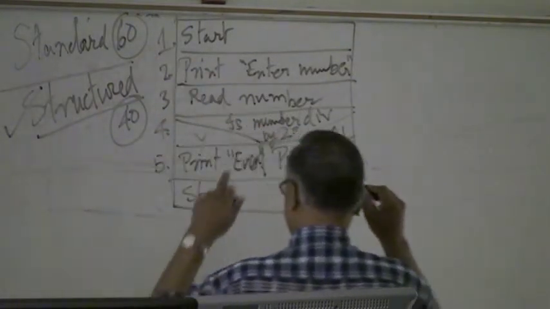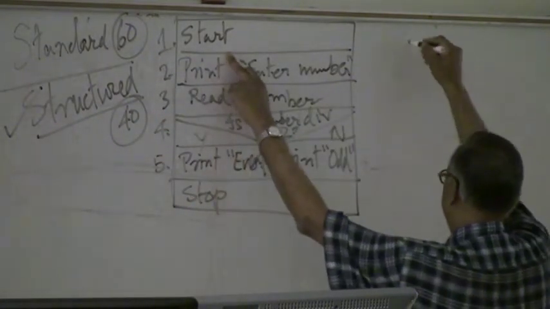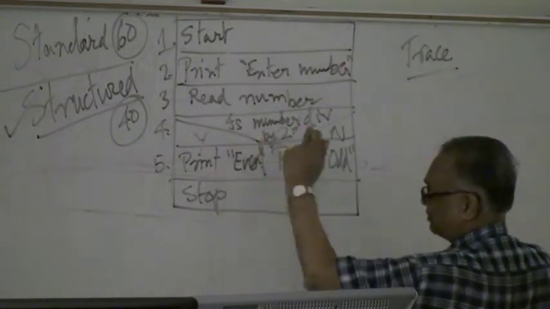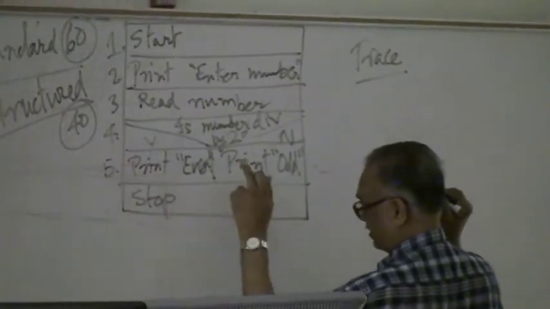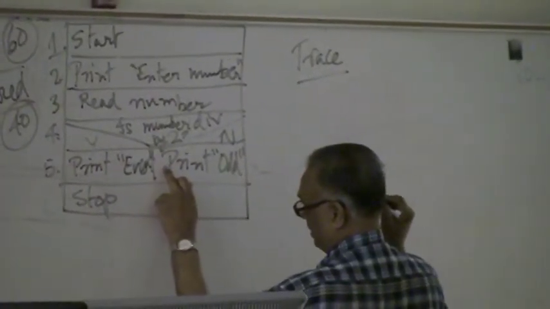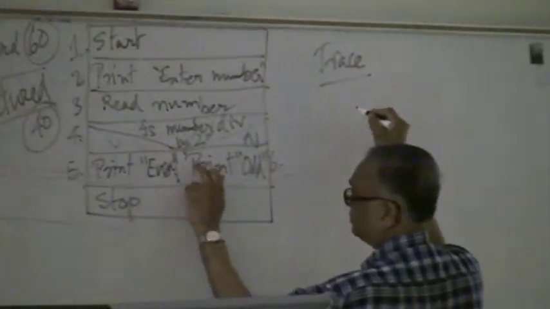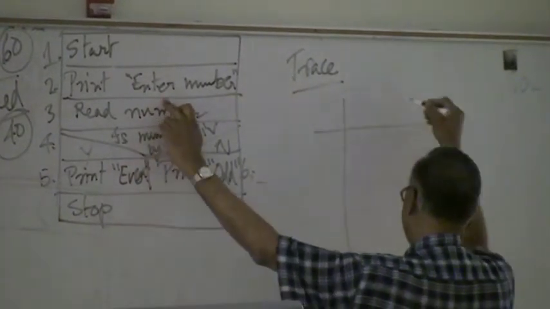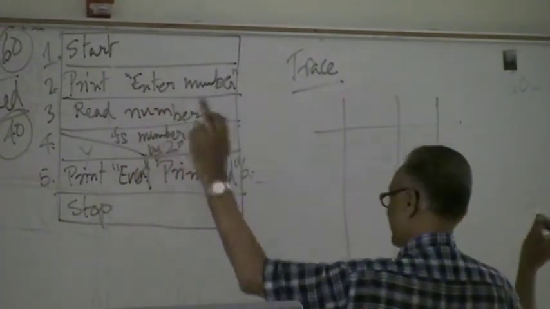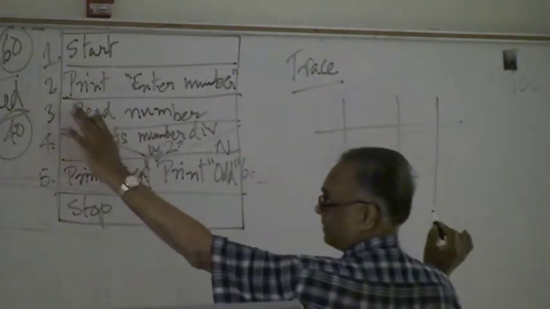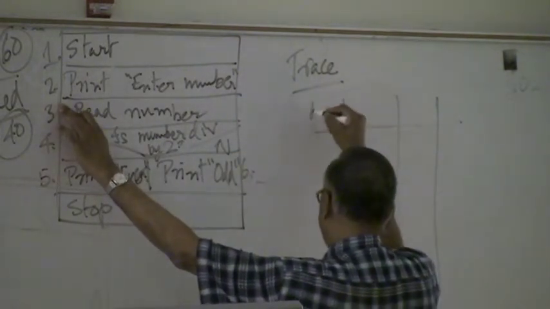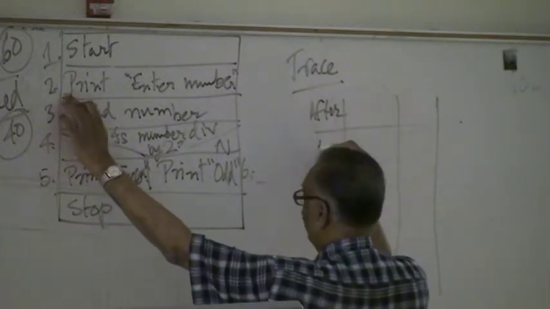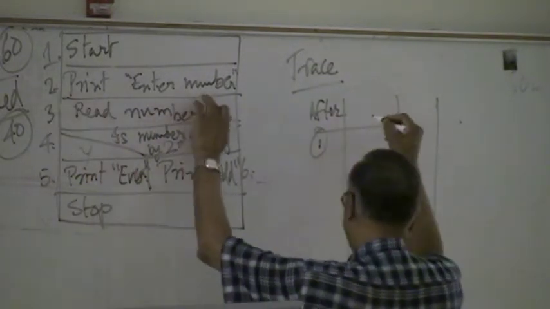Standard are confusing sometimes. So this is a trace. Trace means which steps do you go through? Sometimes you go through 5, sometimes 6, right? This is box 6. It all depends. And trace means you write down a small chart like this. There are plenty of examples in the book. After which step? After step 1, what's the value of number?